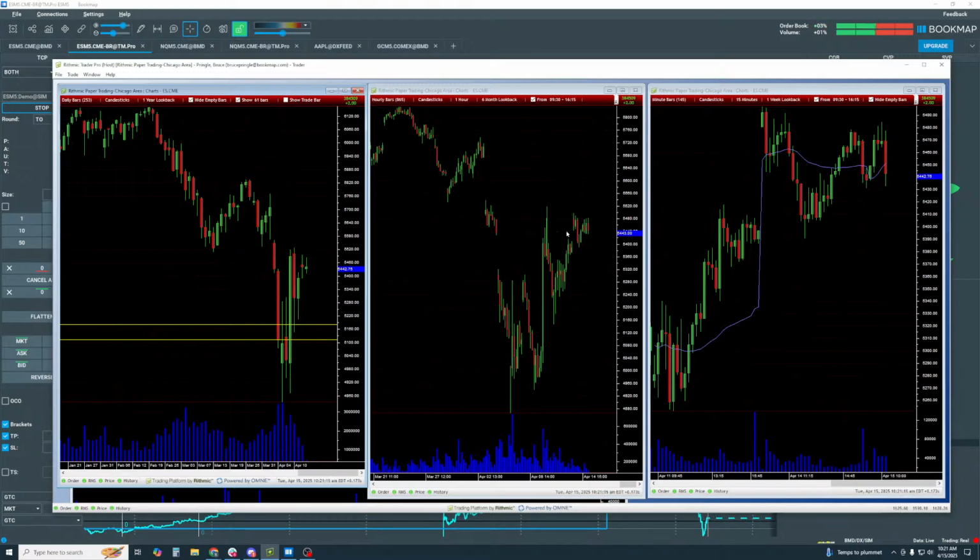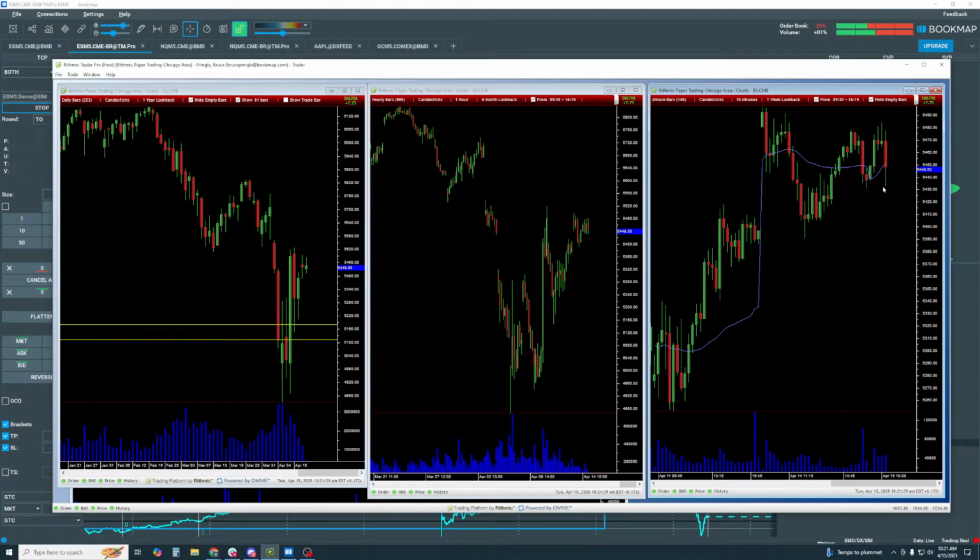And look at the hourly in here. We kind of have a little double top in here after yesterday's gap up. And now we're seeing those sellers come in. Now let's look at the 15-minute chart. We just tested this swing low here on the 15-minute chart. This was yesterday at the close.